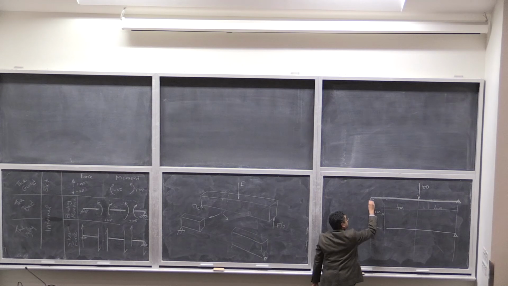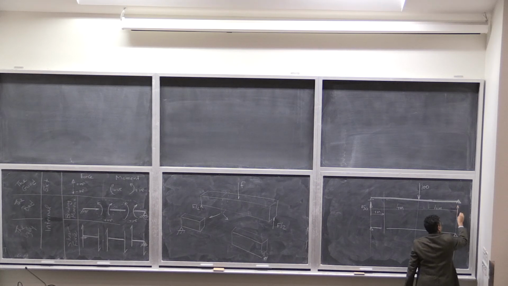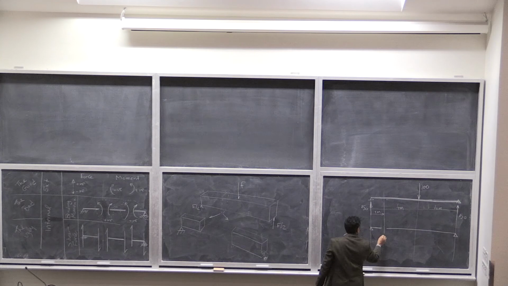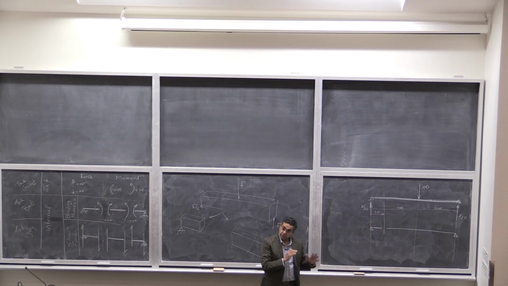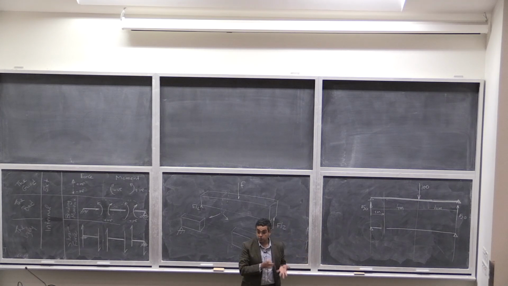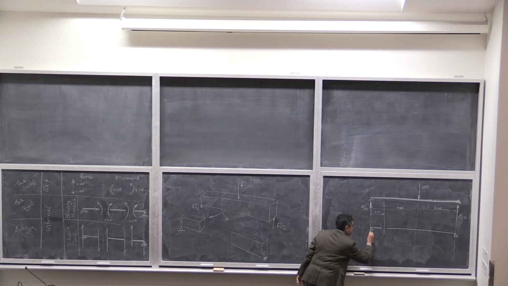Well, the reaction here is 50. And the reaction here is 50. And when I cut, I look at this part of the structure. This part, or this free body diagram, or this system, has to be in equilibrium. So there is a 50 here.